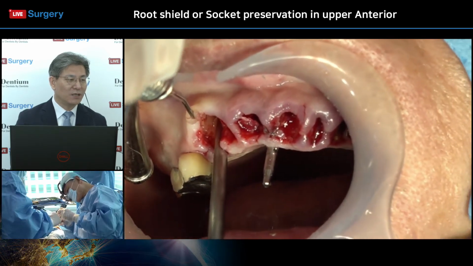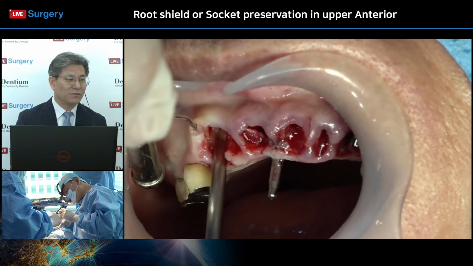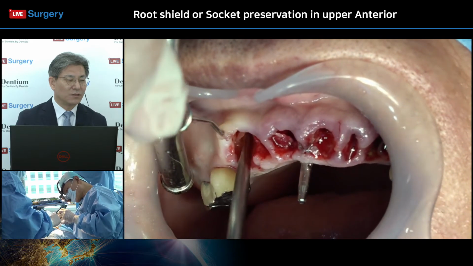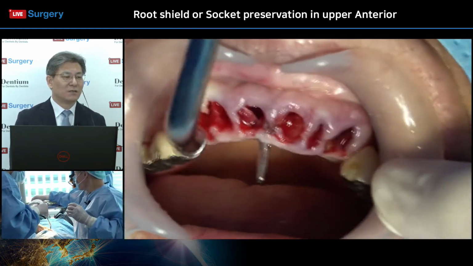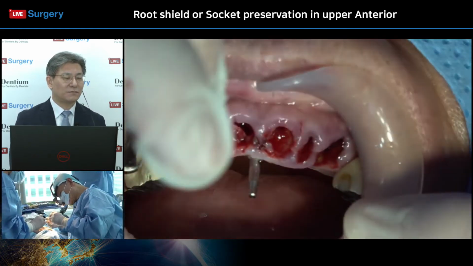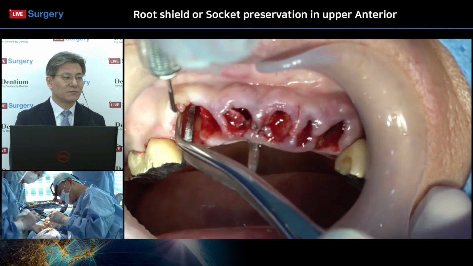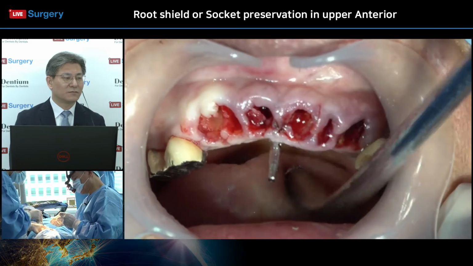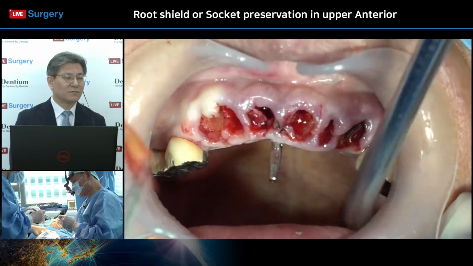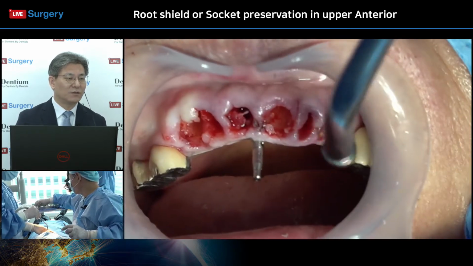Sorry for not showing the root shield technique well. Only lateral incisors; number 12 is available for it. Yeah, remove the root.